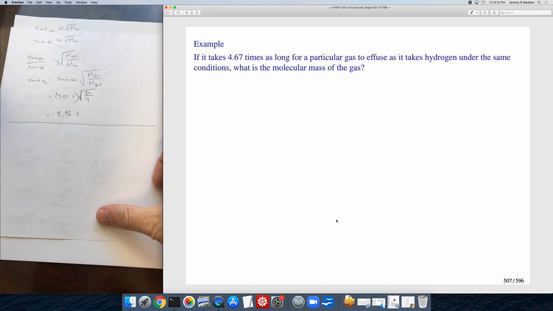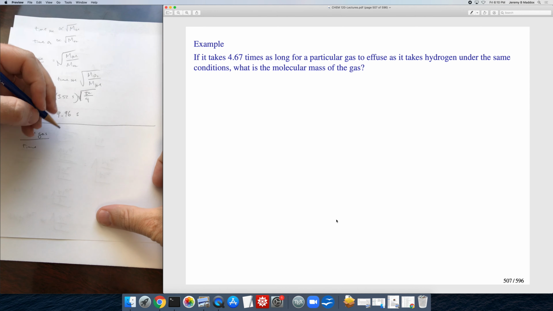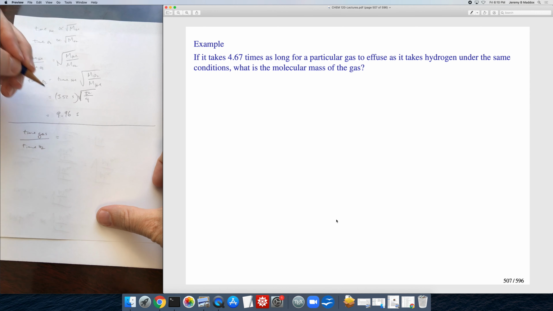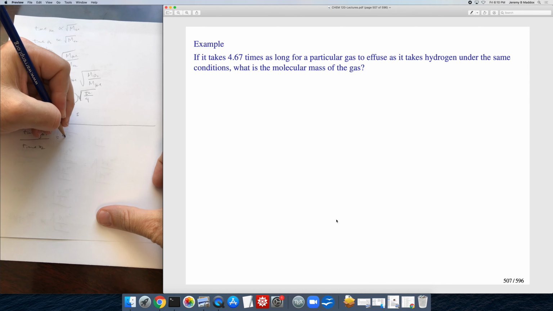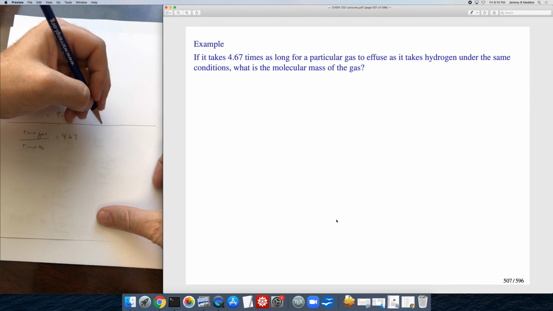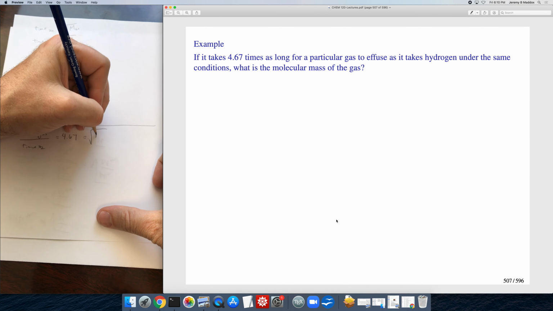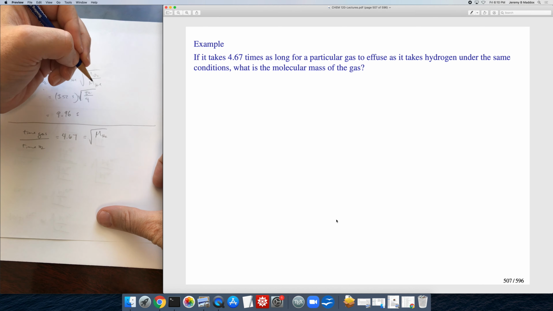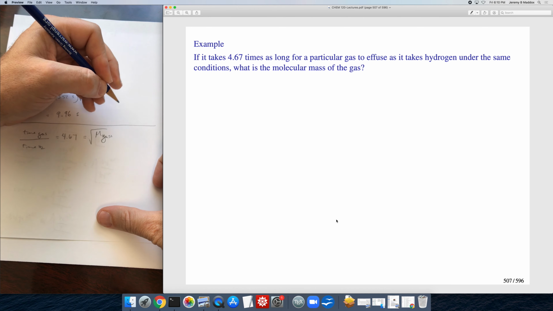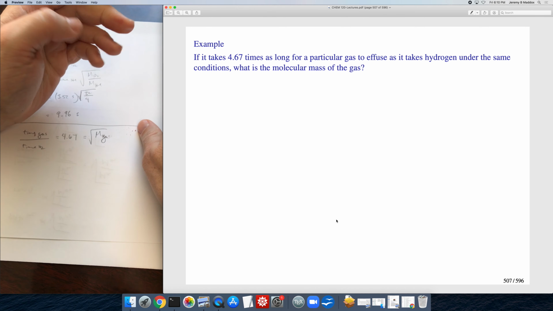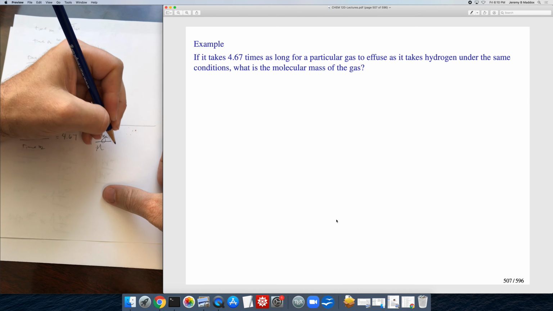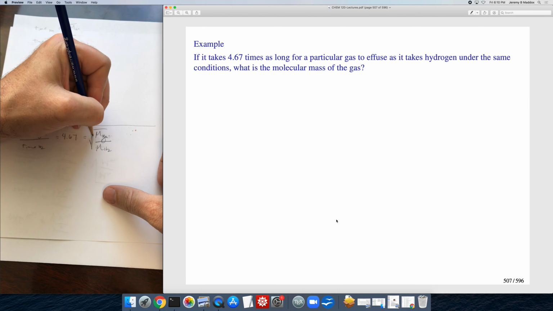So the time that it takes for this unknown gas to effuse relative to the time that it takes for hydrogen gas to effuse is equal to 4.67. And that's also going to be equal to the square root of the molar mass of this gas divided by the molar mass of the hydrogen.